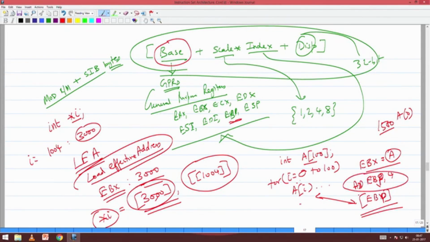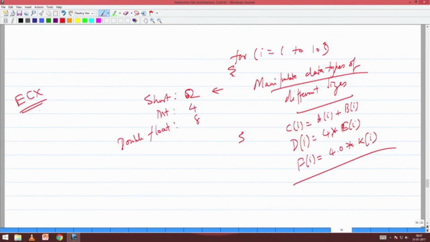Here, as I got incremented, I kept adding 4 to this, but I do not want to do it because I want the ECX to represent I. If I keep adding 4 to ECX, then for this I should add 2 to ECX, for this I need to add 8 to ECX. So, I have to modify ECX in 3 different ways to handle these 3 different arrays, which is going to be extremely complex for me. I do not want to do it.